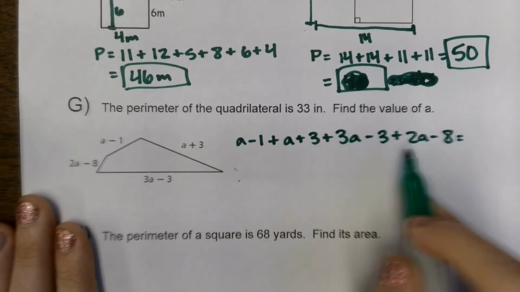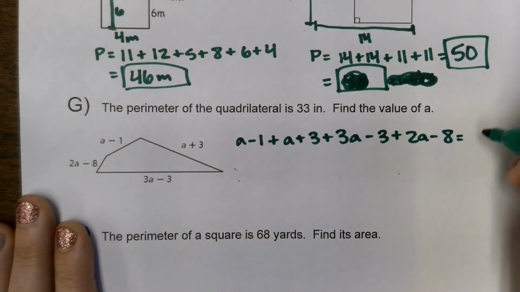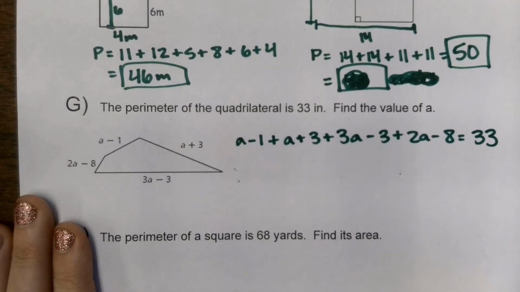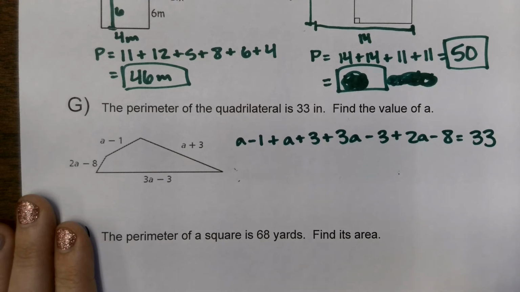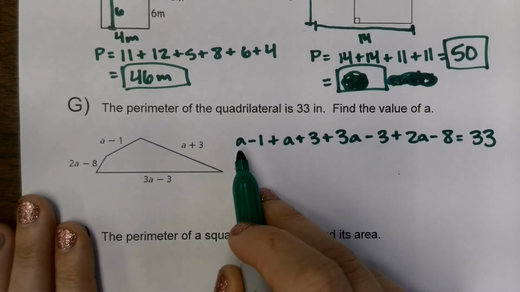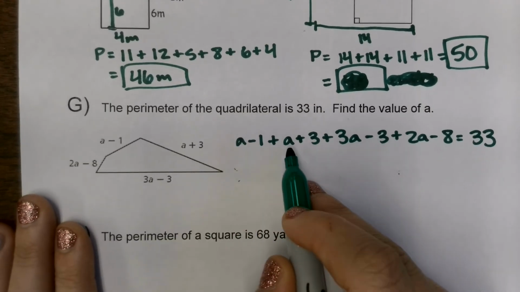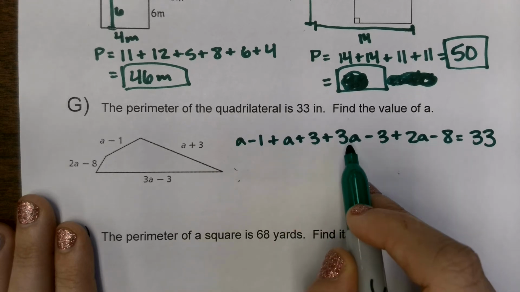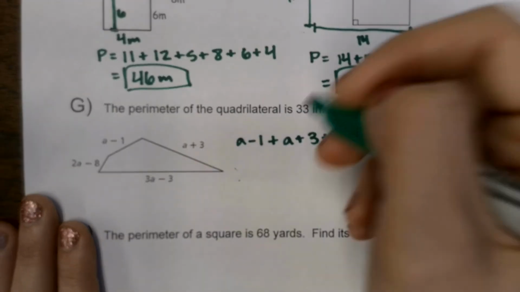And we know that the sum of all 4 of those sides has to equal 33. So kind of a lengthy equation, but lots of like terms that we can combine. For our A's, we've got a 1A, and A is 2, and then 3A is 5, and 2A is 7.